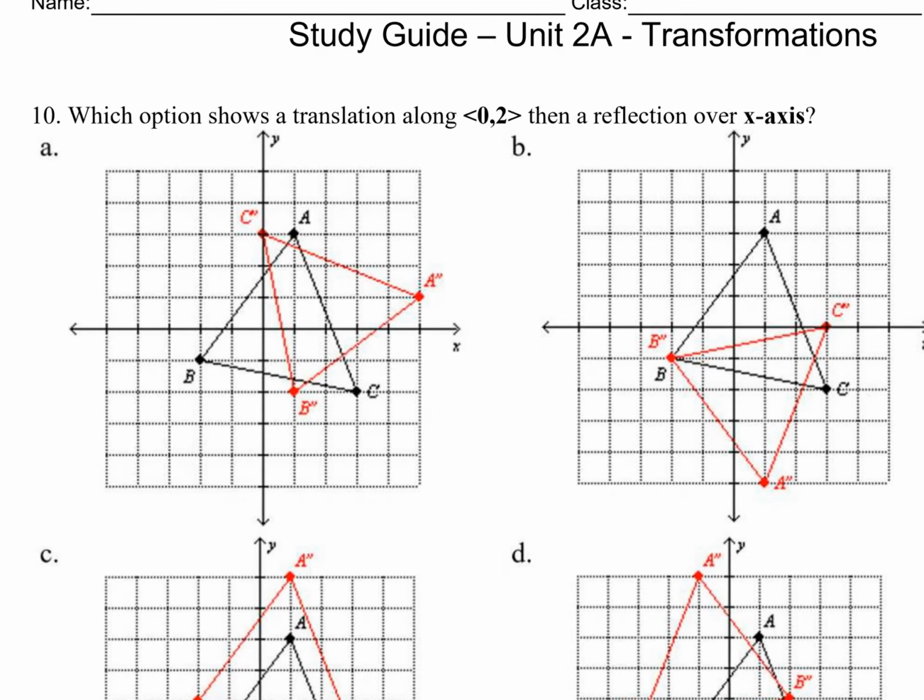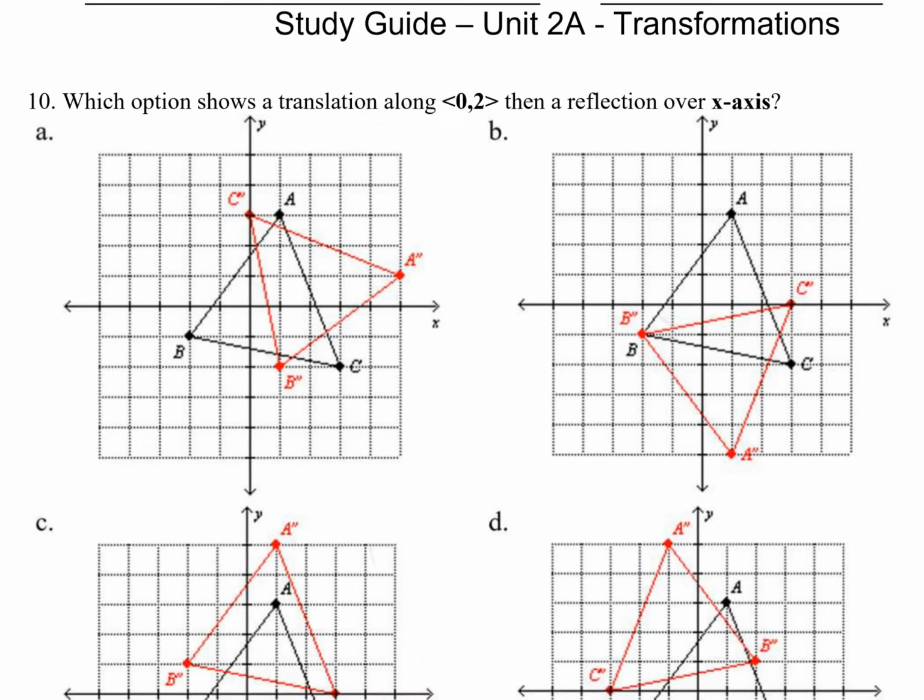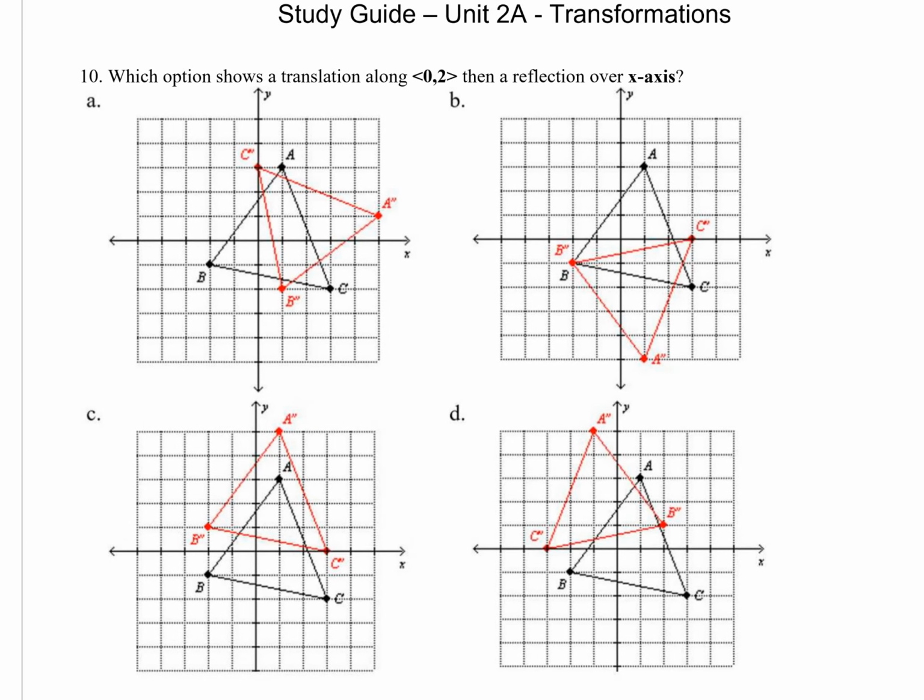All right, here's another combo. We have a translation along 0, 2, and then reflected over X. Let's see if we can make a prediction about which one.